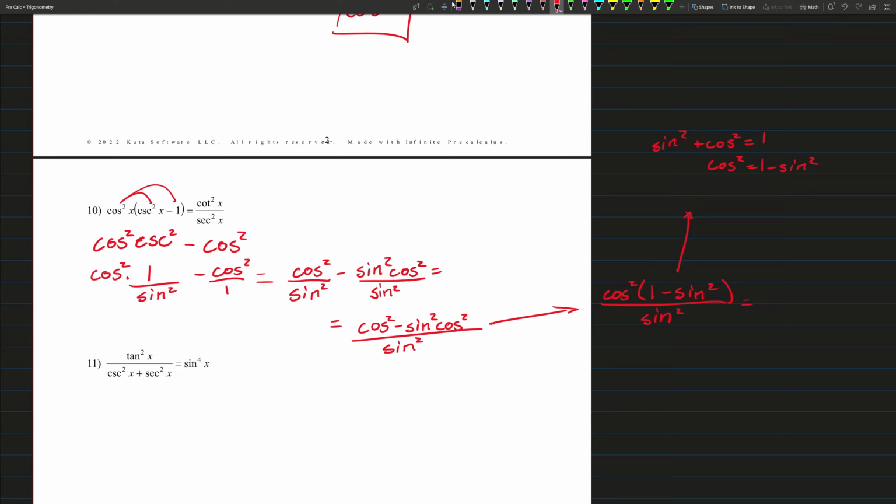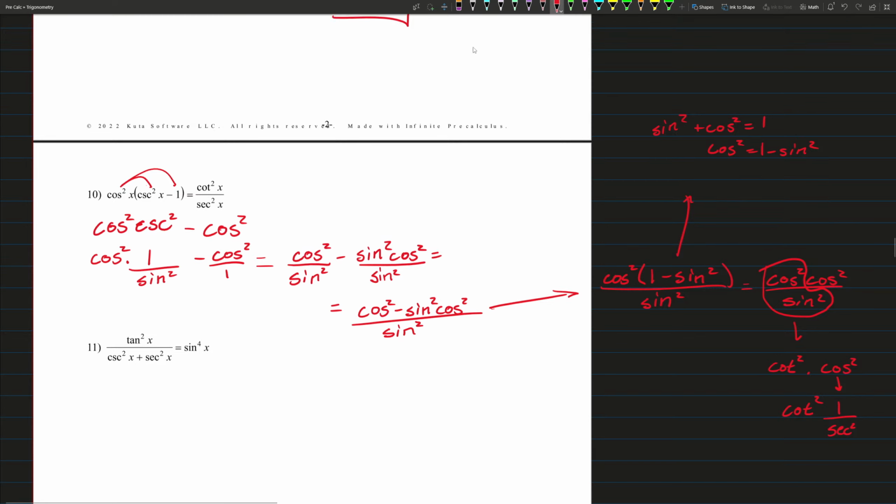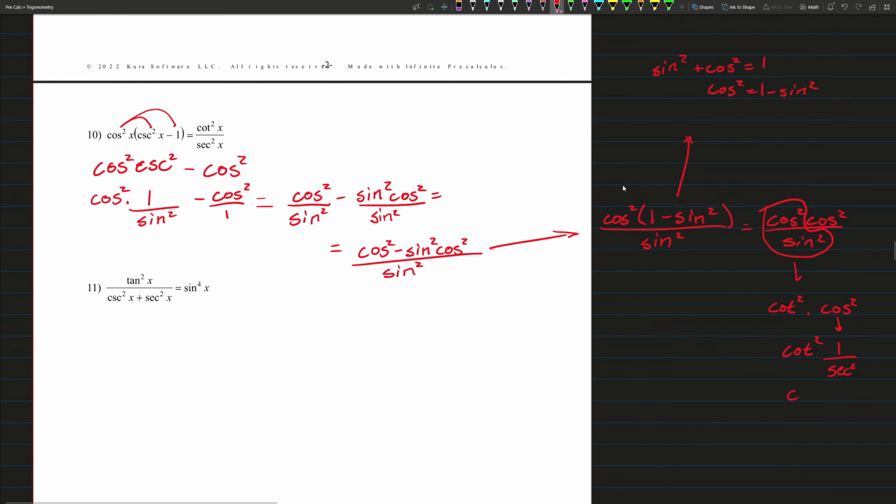So we get cosine squared over sine squared. This is cotangent. And then this is 1 over secant. Multiplying those two things together, we get cotangent over secant. A little bit different.